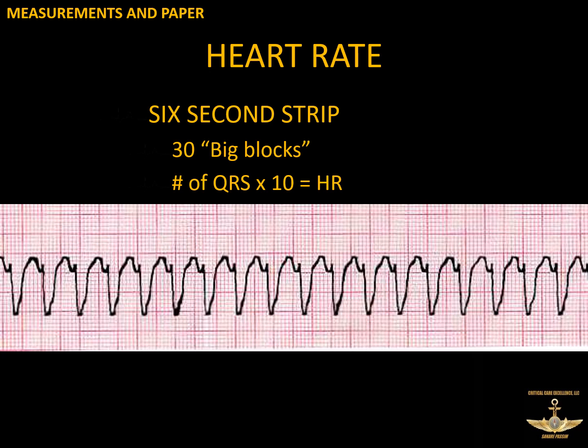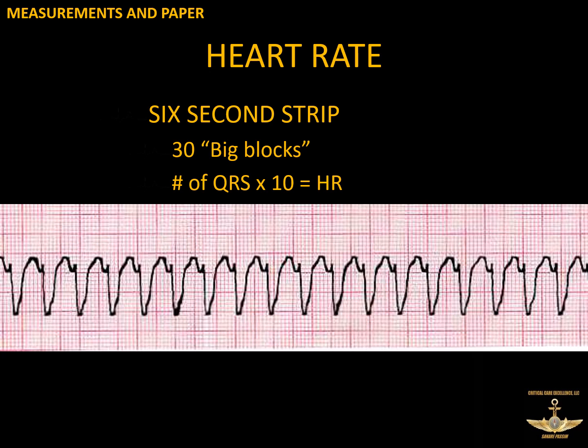Basically you count the number of QRS complexes in that 6-second strip. Since there are 10 6-second intervals in a minute, you multiply the number of QRS complexes you count times 10, and that gives you your heart rate.